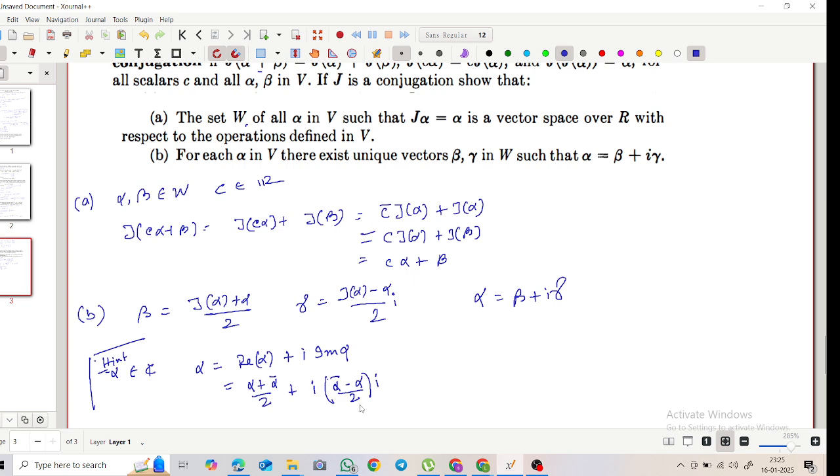Okay, right? This is the one now. So they have just put alpha bar instead of J alpha. Okay, so that is the intuition.